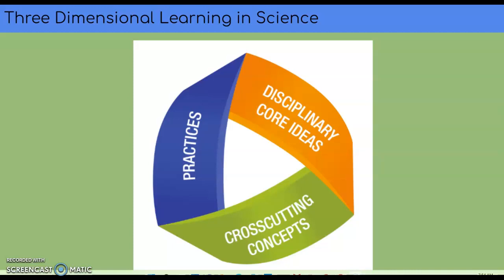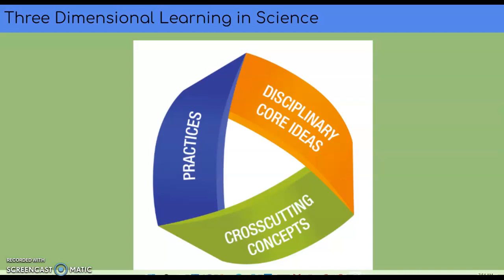At that time, science education was moving away from focusing on isolated facts and procedures, and instead moving towards looking at it as a wholly integrated concept. These documents help to articulate a three-dimensional model and a comprehensive approach for science instruction.